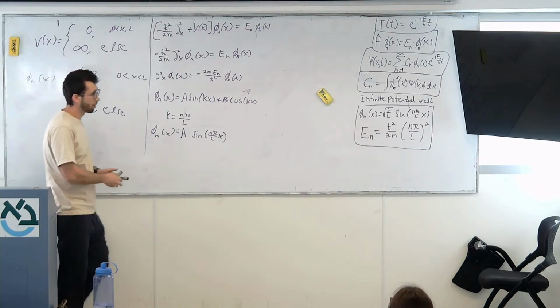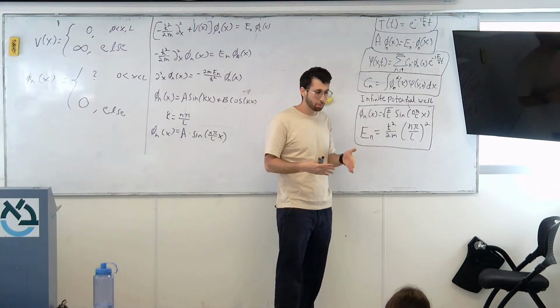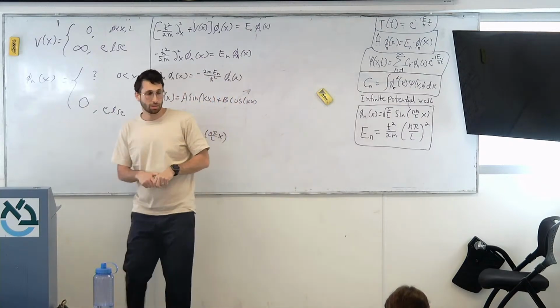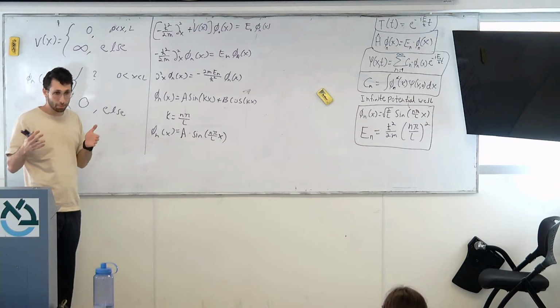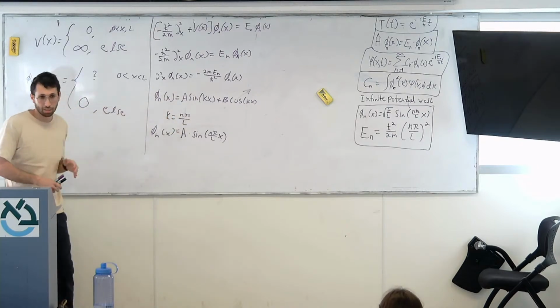So we started from a very, very big general problem, and we narrowed our view to specifically infinite potential wells of size L. How did we do it? We just solved the time-independent Schrödinger equation using boundary conditions.